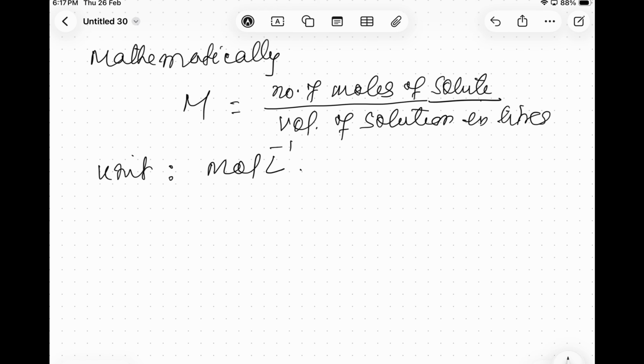Important points for JEE or NEET examinations: molarity depends on temperature.